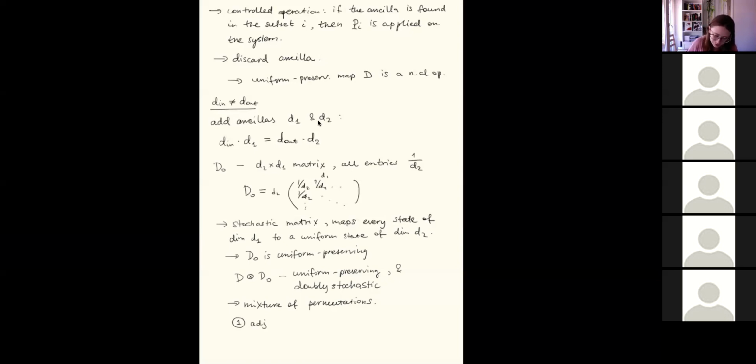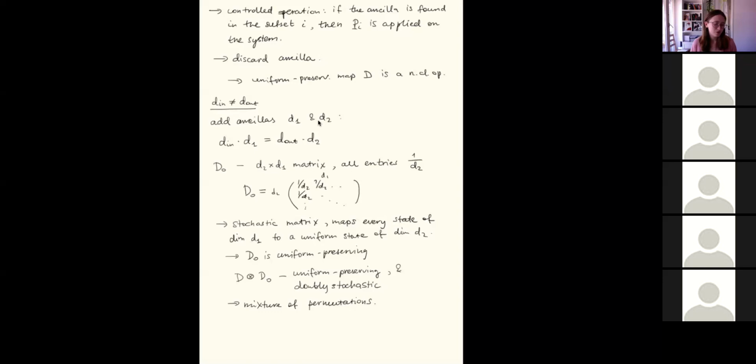Okay, maybe let me recap first. We have this D tensor product D0, which is a mixture of permutations, and we just showed that we can express mixtures of permutations as a classical noisy operation.